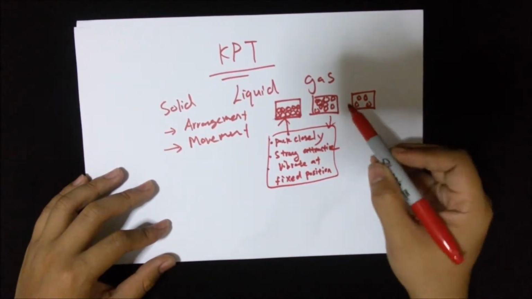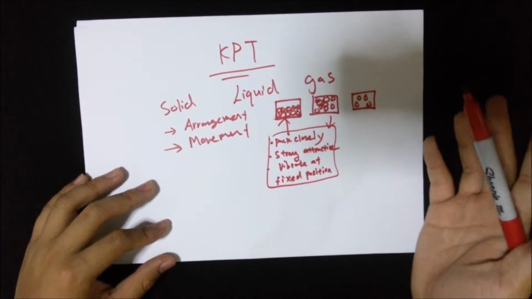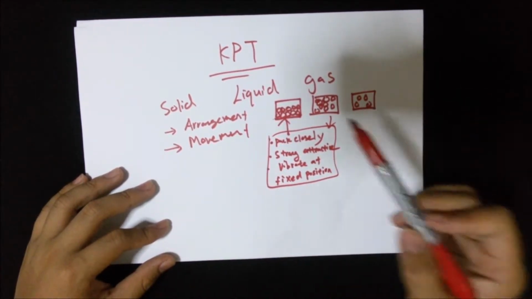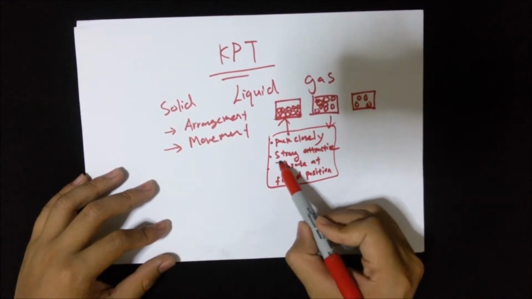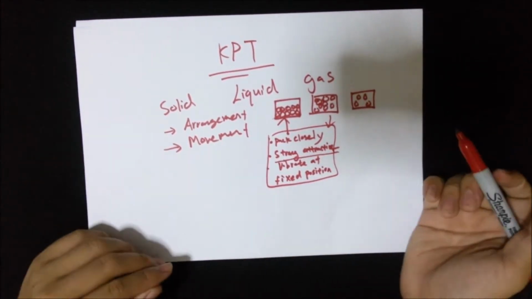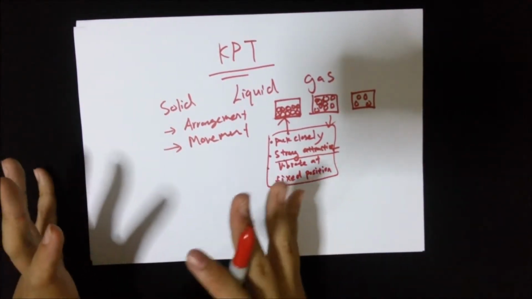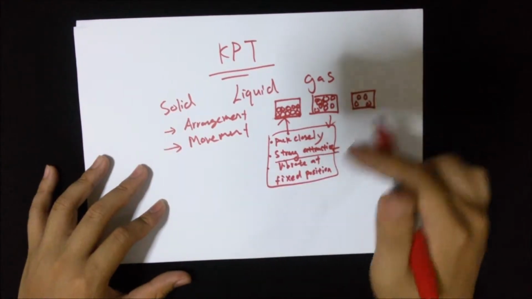So for liquid wise, instead of packed closely, they are packed relatively close. However, it's not as close as while in solid, and they still have a strong attraction, but it's weaker than in solid. So you're actually making a comparison, and they will vibrate and move throughout the liquid structure.